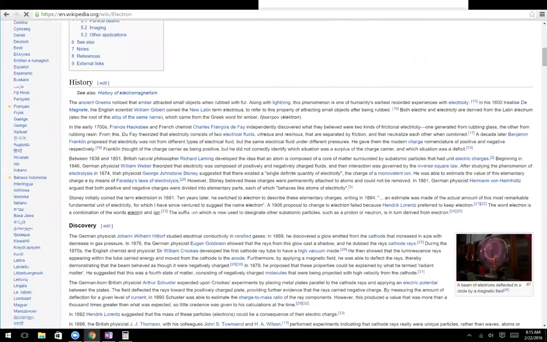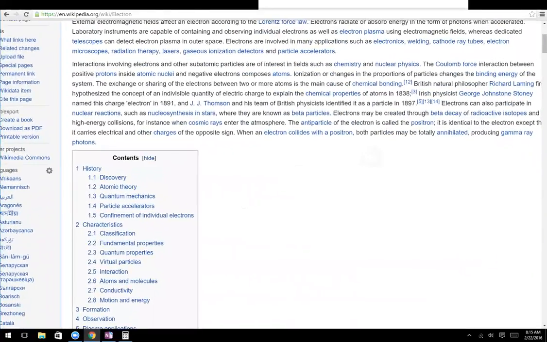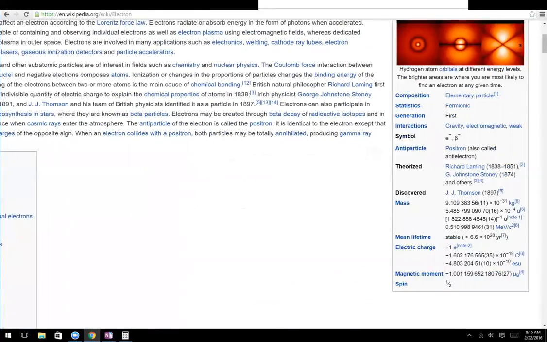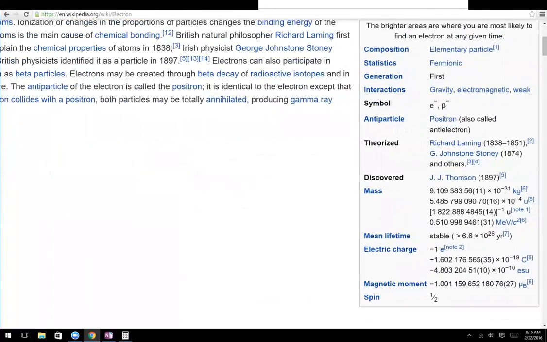Mass of an electron. I don't want a discussion on it. I want to know what it's equal to. Yeah, here we are. So yeah, mass is 9.11 times 10 to the minus 31. Right there. So, cool.